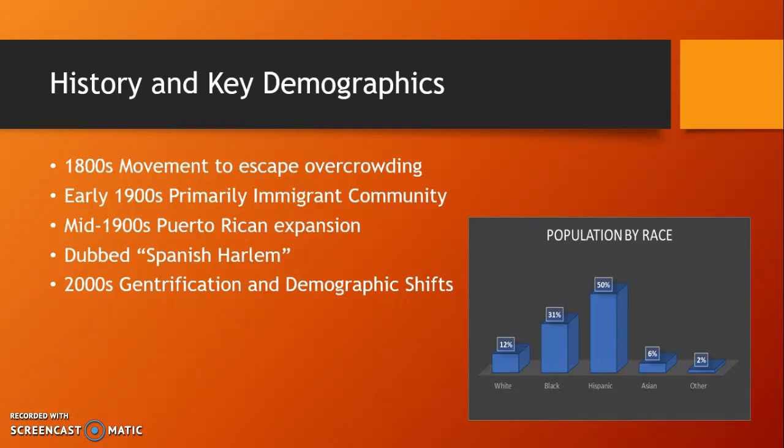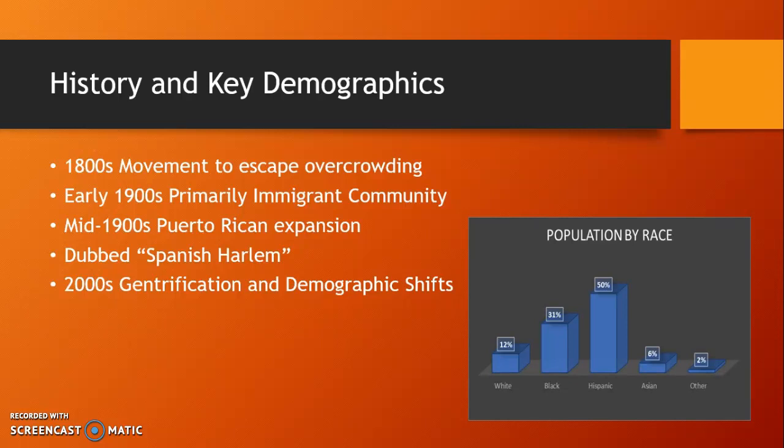During the early 1900s, it was primarily an immigrant community with a more diversified group of people, and it wasn't until the mid 1900s that we started to see a push for a higher number of Hispanic communities, mainly from Puerto Rico, following World War II. The area's been nicknamed Spanish Harlem.